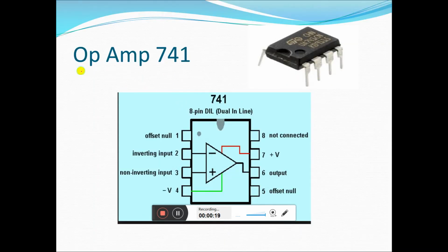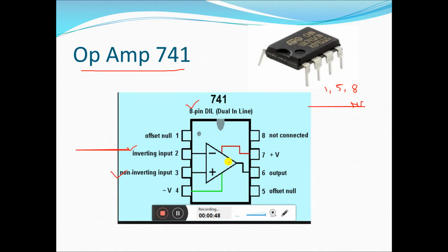IC741, the operational amplifier, is popularly known to all of you. The IC741 is an 8-pin dual in-line package IC, in which pins number 1, 5 and 8 are no connection pins. Pin number 2 is the inverting pin, and pin number 3 is the non-inverting pin, which is positive.